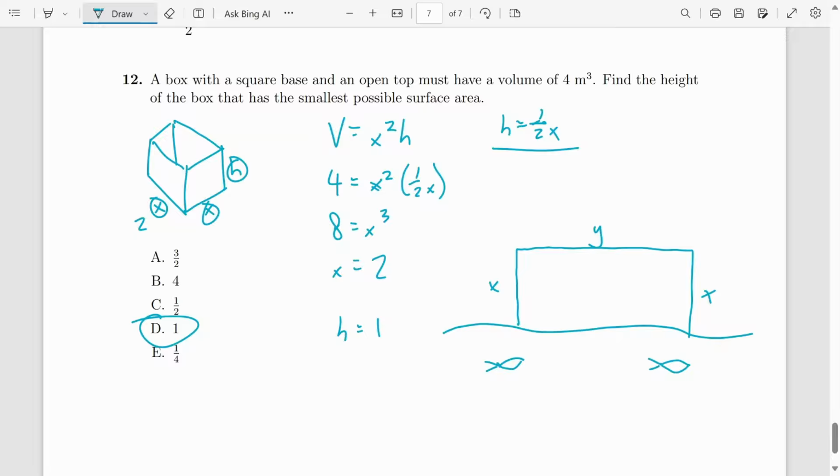In this type of problem, it's the exact same. The minimum amount of surface area is going to be when y is 2 times the other length. I guess it's kind of the opposite since it's 2 times instead of 1/2 times, but it's still kind of the same thing. It's going to be double what the other side length is. So that's a pretty easy way to figure out these box with a square base and an open top questions.